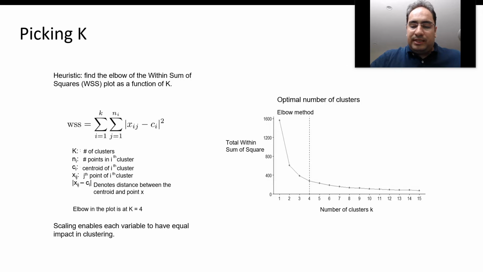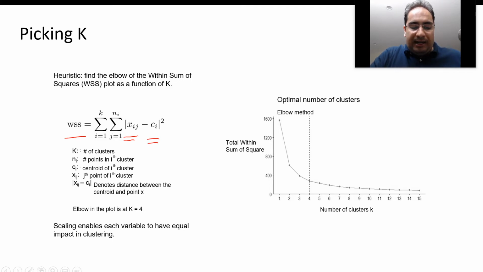So what you do is that you run your algorithm for different Ks, 1, 2, 3, and so forth. And you calculate a metric which is called the within sum of squares, or WSS. So within sum of squares is the sum of the distances between each sample in each cluster and the cluster itself.